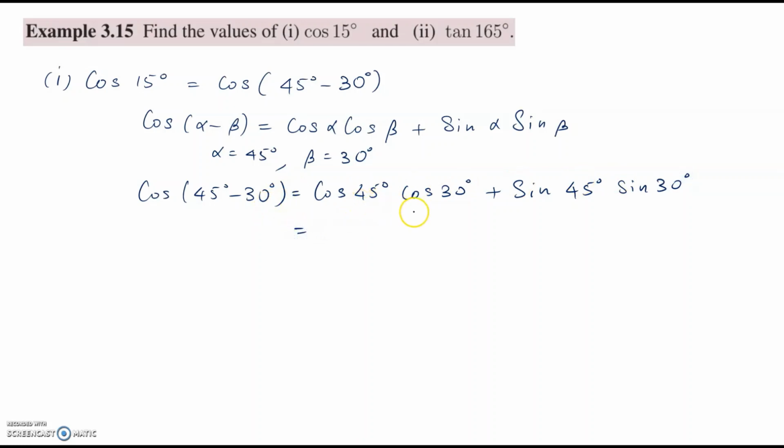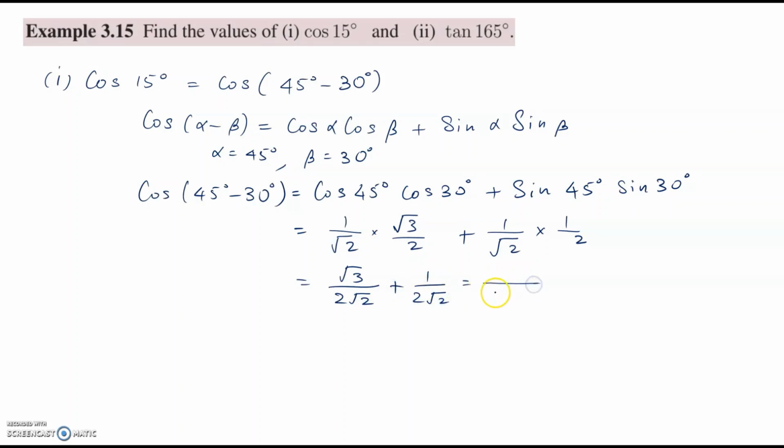Now substituting the values of each of them, cos 45 is 1 by root 2 multiplied by cos 30 degrees, which is root 3 by 2, plus sin 45 is 1 by root 2 and sin 30 is 1 by 2. So further simplifying this, you get root 3 by 2 root 2 plus 1 by 2 root 2. Since the denominator is common, we can write this as (root 3 plus 1) divided by 2 root 2.